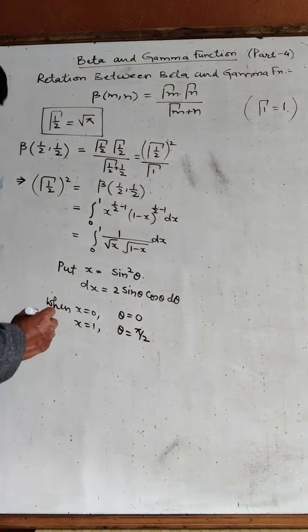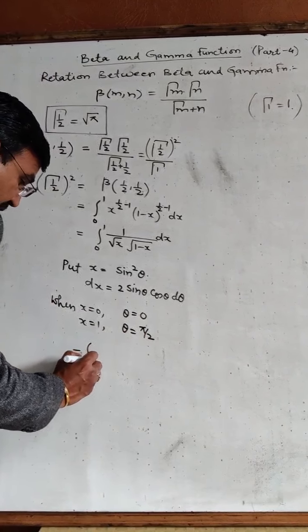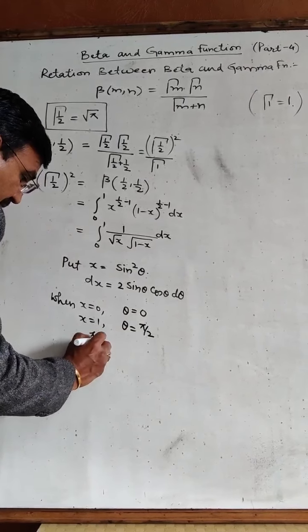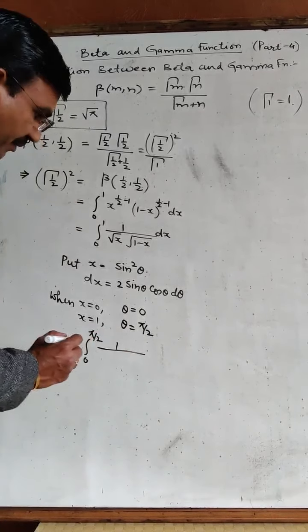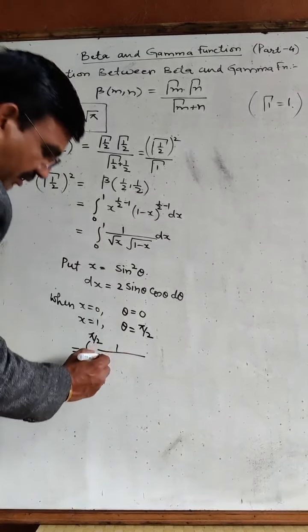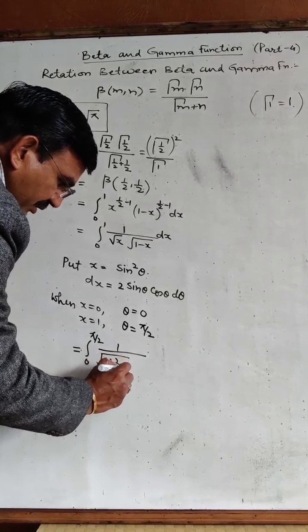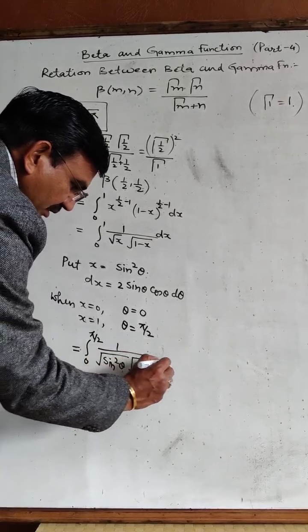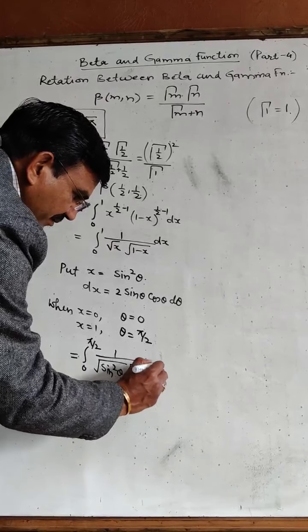So our integration would be equal to the integral from 0 to pi by 2 of 1 over square root of sine square theta, square root of 1 minus sine square theta.